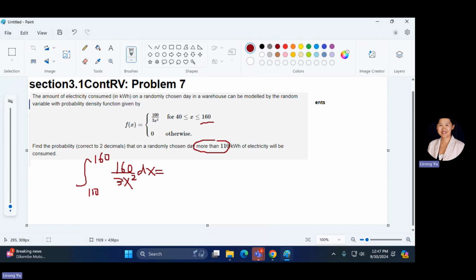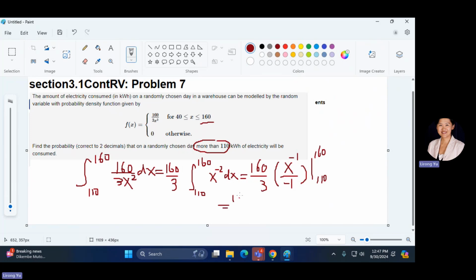We can bring the 160 over 3 outside the integral. Then we're integrating from 110 to 160 of 1 over x squared, which is x to the negative 2. Integrate this with the power rule: we will have x to the negative 1 power over negative 1, because for the negative 2 we have to add 1. Then apply the upper limit and lower limit.